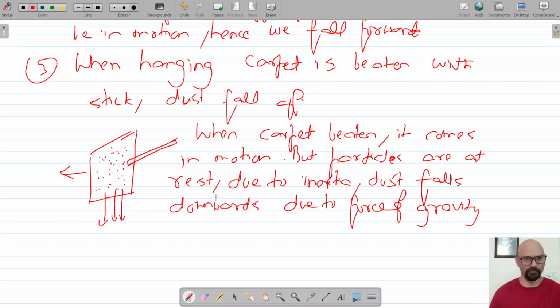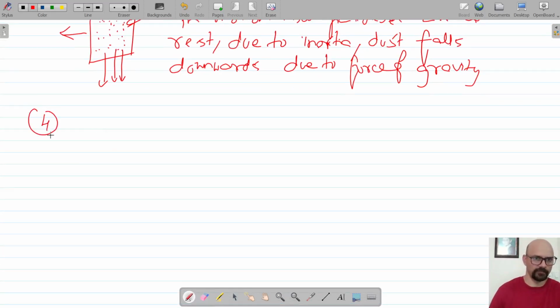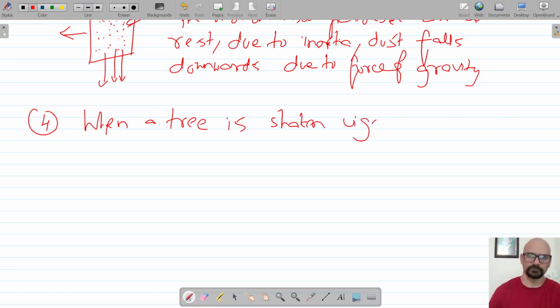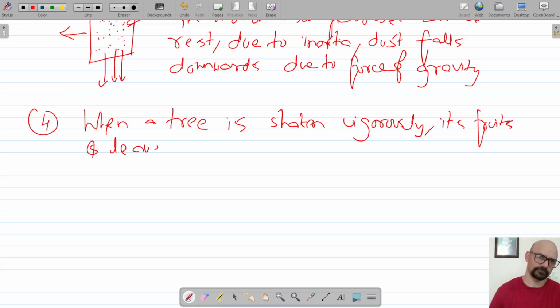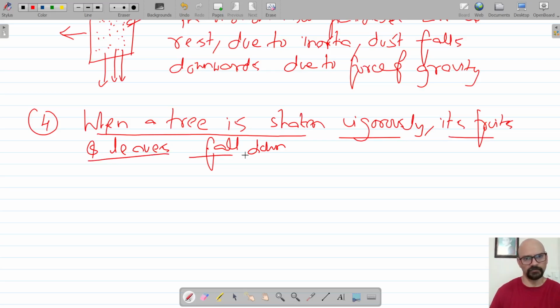One more example we can cite here is when a tree is shaken vigorously, its fruits or leaves fall down. The reason here is the same. When a tree is shaken vigorously, its fruits and leaves fall down.